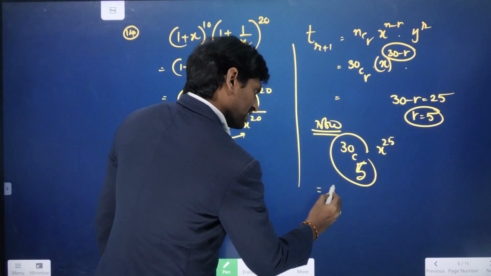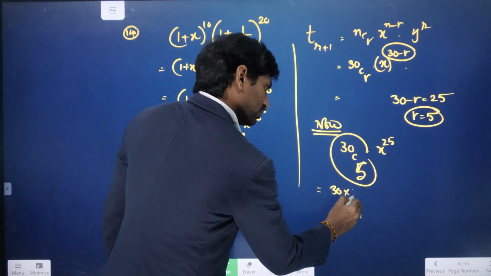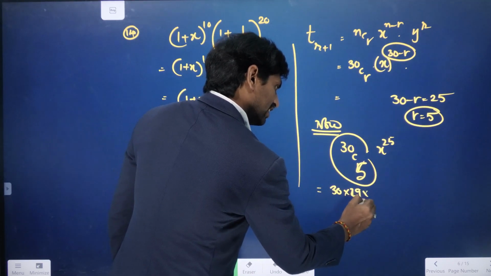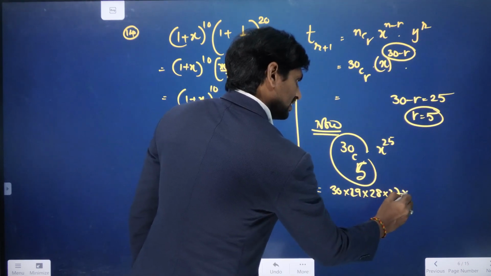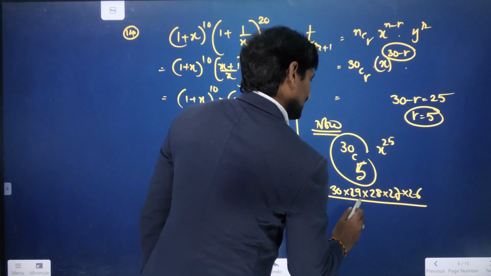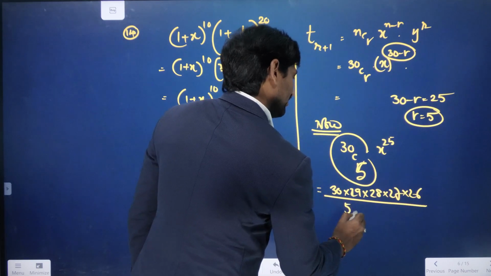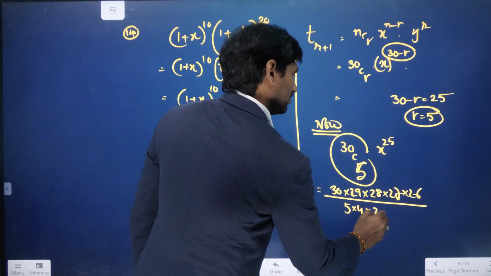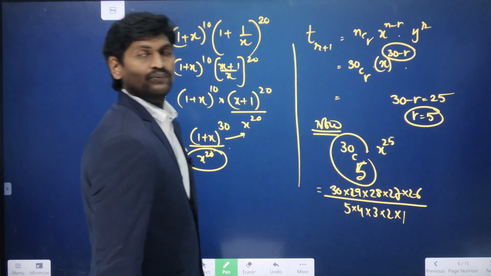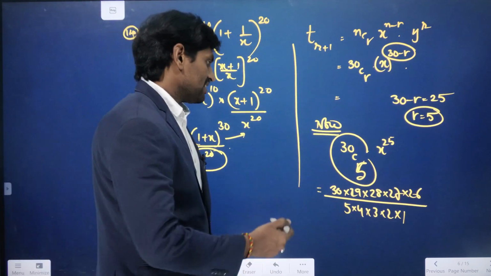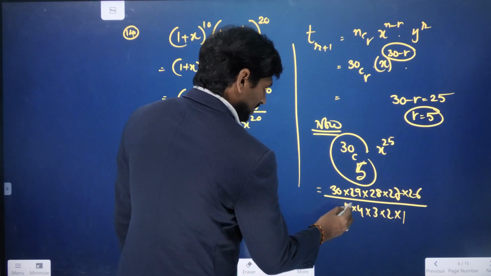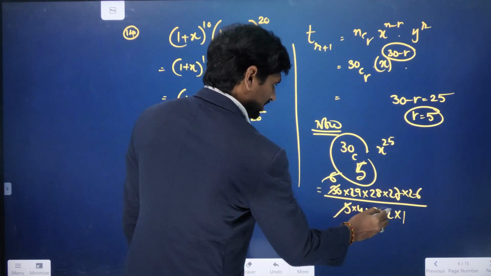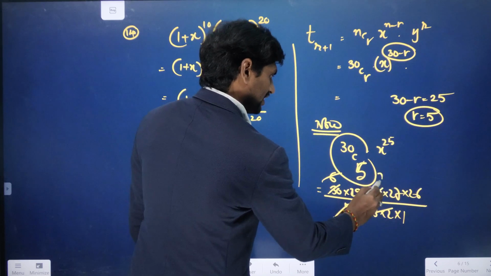So 30C5 is nothing but (30 into 29 into 28 into 27 into 26) by (5 into 4 into 3 into 2 into 1). So you can cancel it. After cancelling, we will get the answer. 5 fours are 20, or else 5 sixes are 30, so 6 and 6 cancel; 4 sevens are 28, so 28 cancels.